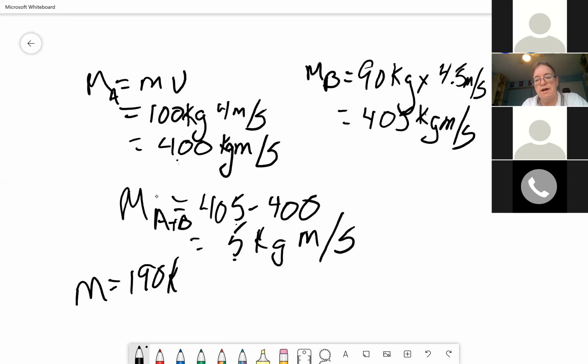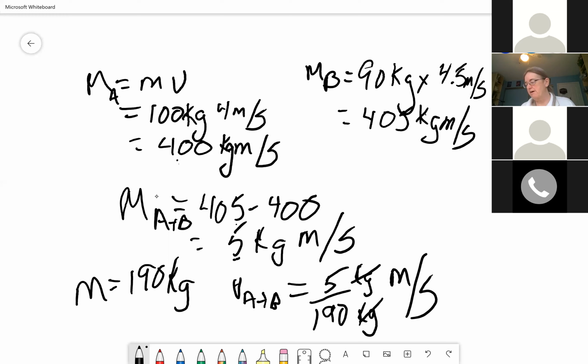Again, I say this so you can see how it's done. So now the new velocity of A plus B is going to be 5 divided by 190. And the kilograms are going to cancel, and you'll be left with meters per second. Fair enough?